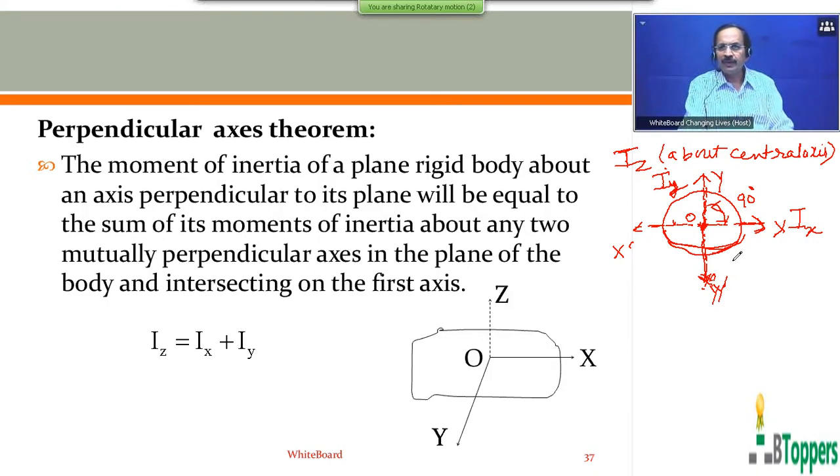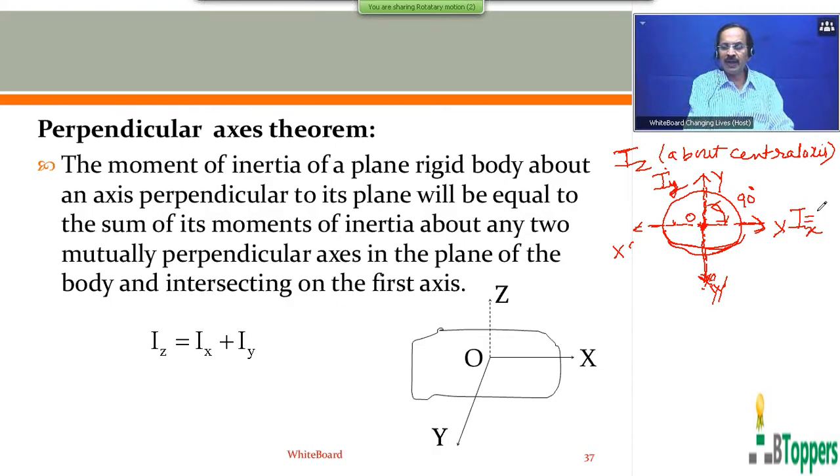Now all the diameters of a circular disc are equivalent to each other in all respects. I mean, the moment of inertia of the uniform circular disc about one of its diameters can be assumed to be the same as the moment of inertia of the disc about any other diameter.